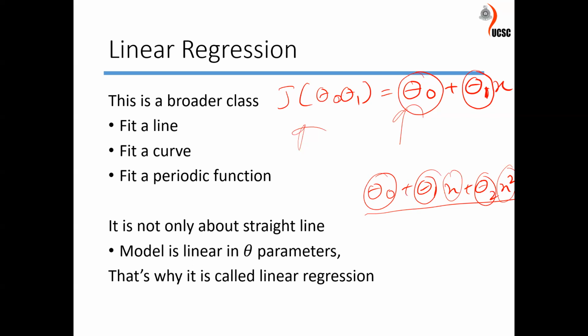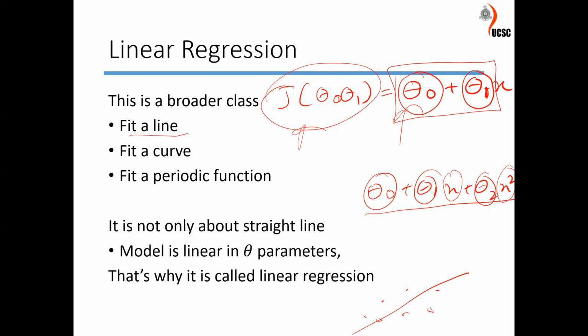So this is the basic idea. Linear regression means it's linear in the theta parameters, the parameters of the cost function, but it can be a polynomial in the sense of the x variable. Basically, if you have a set of data points like this, you can fit a line, or you can fit a curve, or you can even have a periodic function as well.